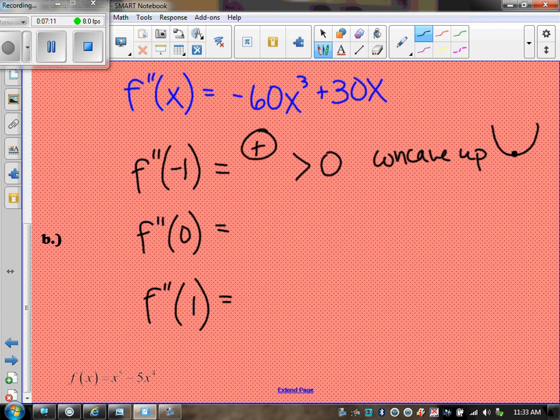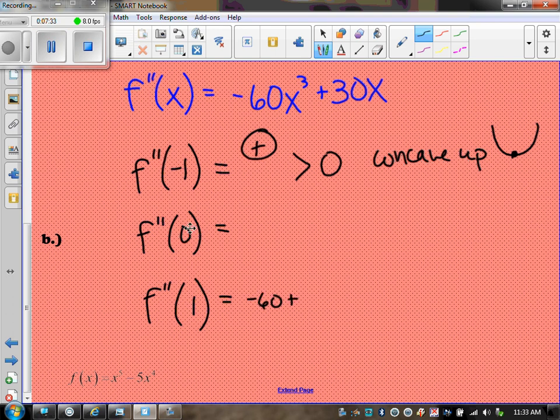So what's happening at x equals -1? Do I have a relative max or a relative min? Looks like I have a relative minimum, right? Let's go ahead and test +1. I'm going to skip 0 for a second. +1 cubed is 1. 1 times -60 is -60.